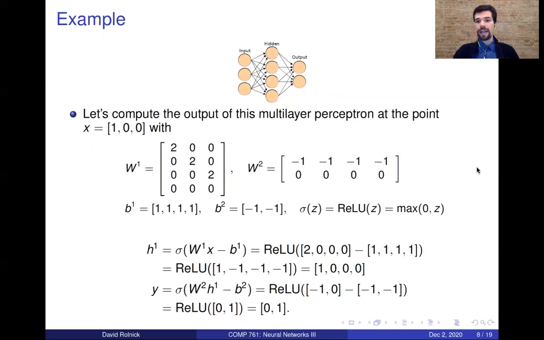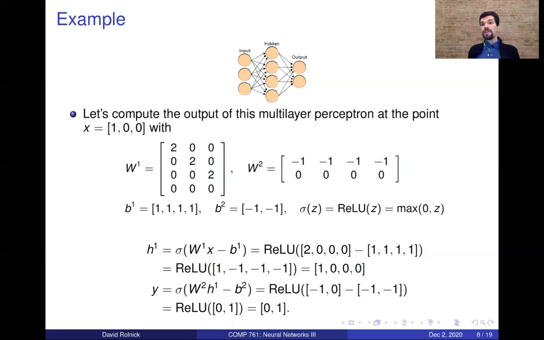ReLU of 1 is max of 0 and 1, which is 1. ReLU of negative 1 is max of 0 and negative 1, which is 0. So what ReLU does is, again, it turns negative things into zeros, and it keeps positive things the same. So the 1 stays a 1, and the negative 1s, since they're negative, become zeros. So again, what we did is we multiplied our input by the first weight matrix, we subtracted the bias vector, and then we hit it with a ReLU.